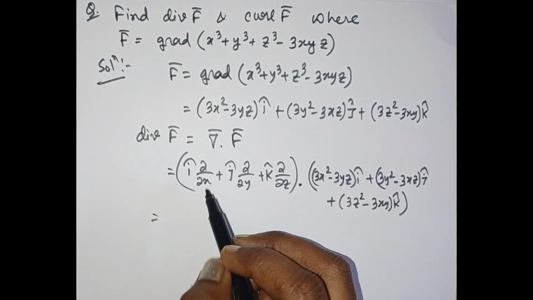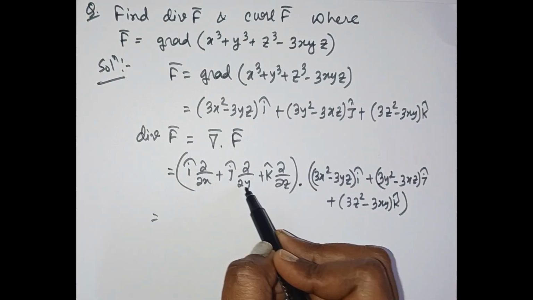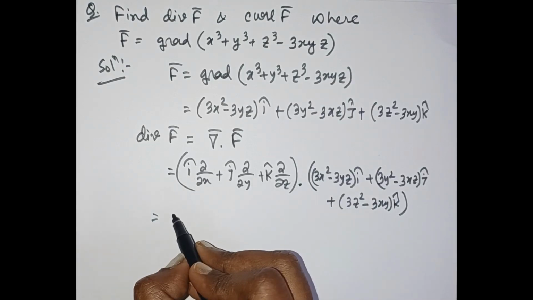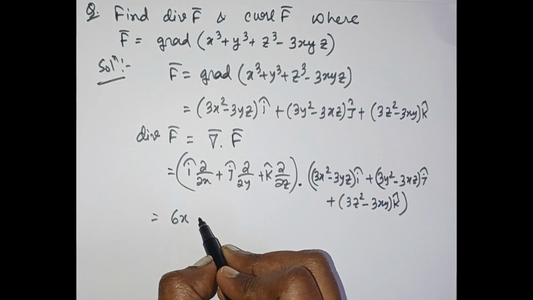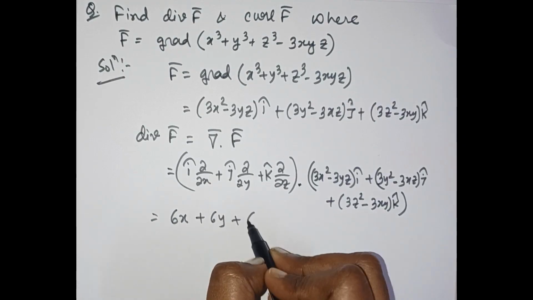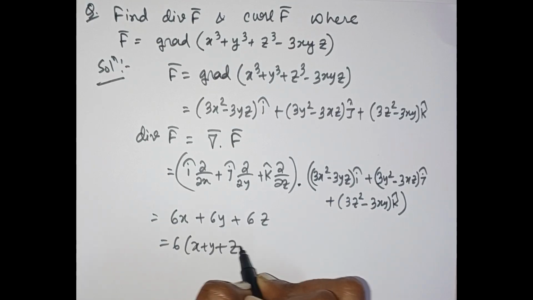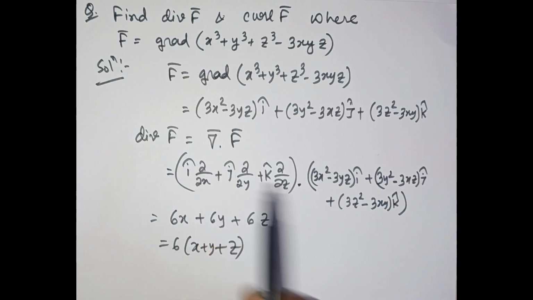Whenever we do dot product, this will be del/del x of this term plus del/del y of this term plus del/del z of this term. So del/del x of this will be 6x, and this will be 0, plus 6y plus 6z, that is 6 into x plus y plus z.